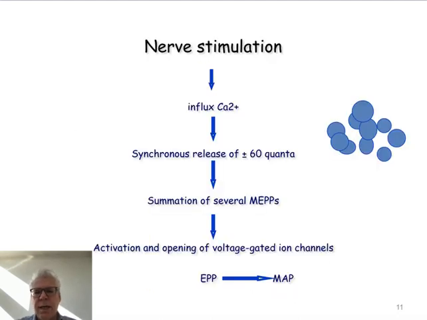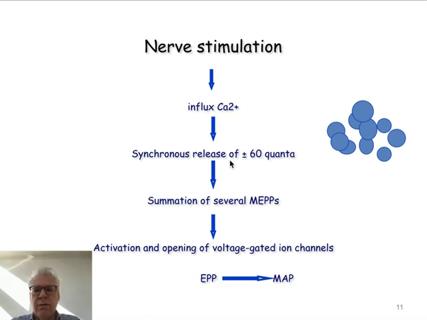Now, what happens if you stimulate a nerve, either electrically or voluntarily, when you want to make a particular movement? Then, of course, there's an action potential, there's presynaptic opening of the voltage-gated calcium channels. Then there is release of many quanta of acetylcholine, say 60 vesicles.